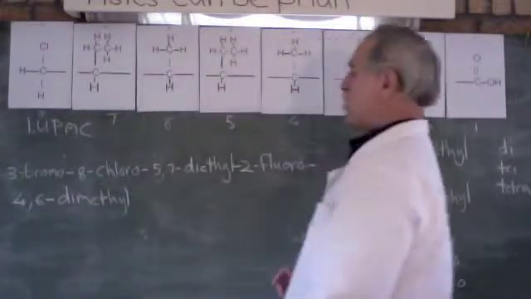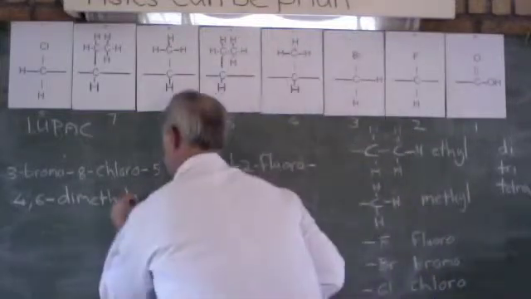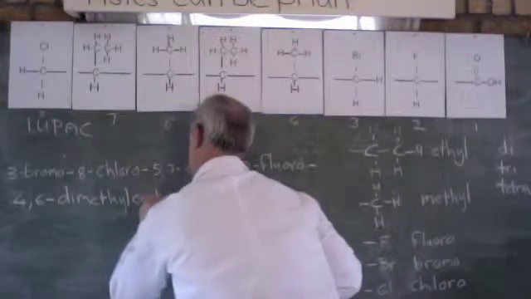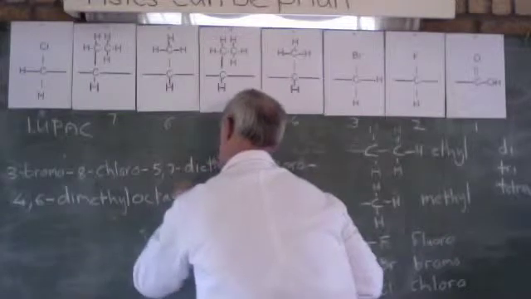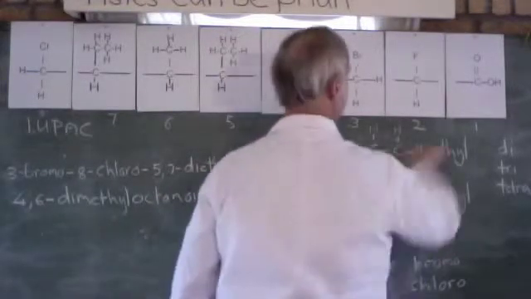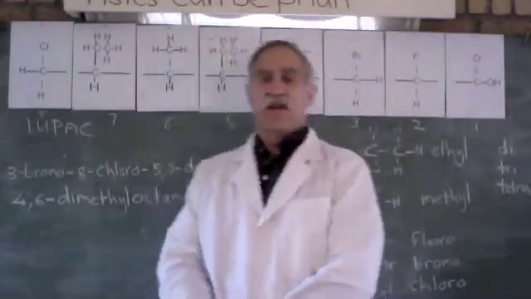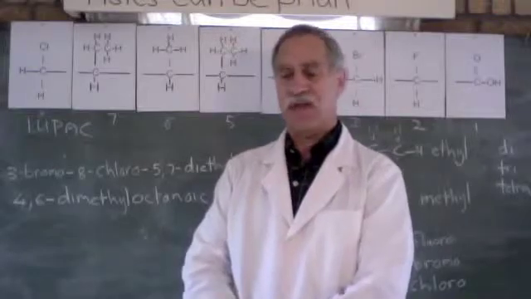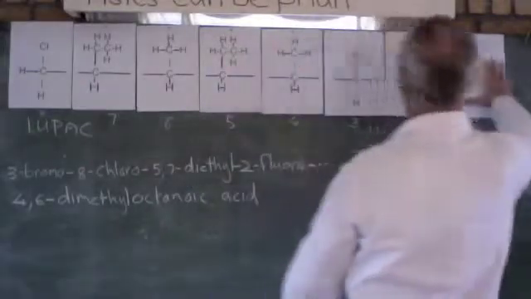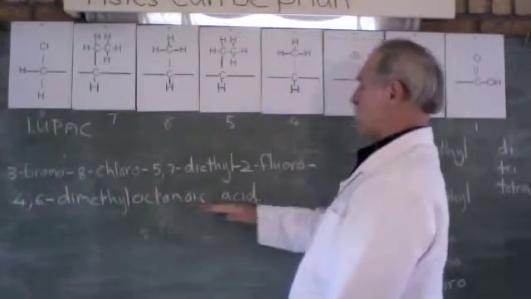And then, without any spaces, octanoic acid. Remember that was the main chain, octanoic acid with all these other little bits and pieces. So we've got to end with octanoic acid.